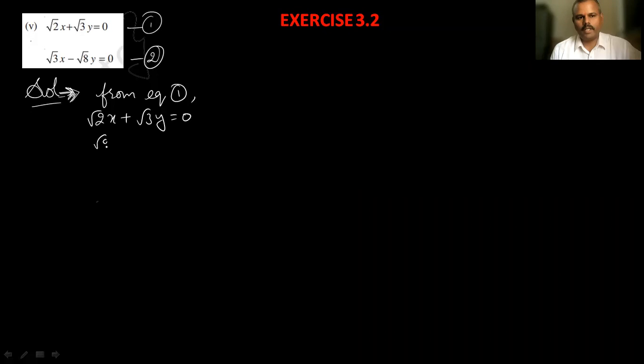If you want to calculate the value of x from here, then under root 2x is equal to minus under root 3y, and the value of x becomes minus under root 3y upon under root 2. So this is the value of x which you have.